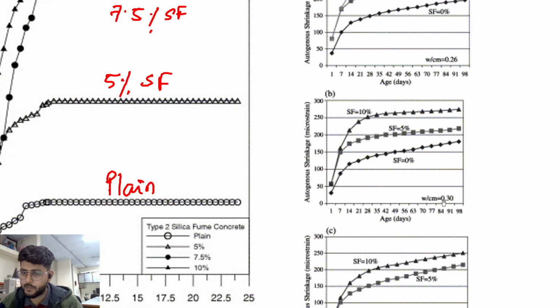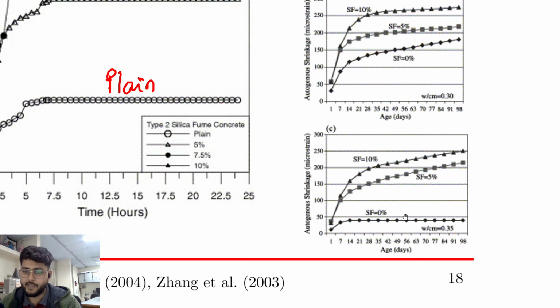This is at water to binder ratio of 0.3, and you can see again the highest autogenous shrinkage is occurring in case of 10% silica fume, and finally at water to binder ratio of 0.35, you can see that still the highest autogenous shrinkage is coming for 10% silica fume. And you can also notice one fact at water to binder ratio of 0.35.